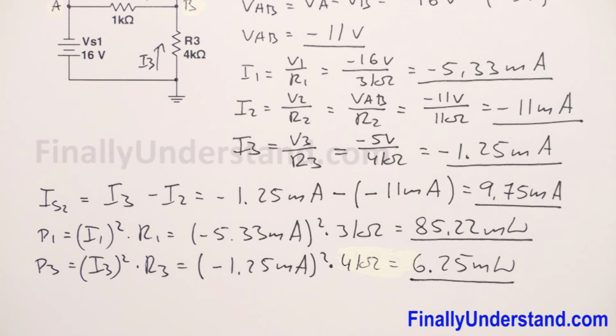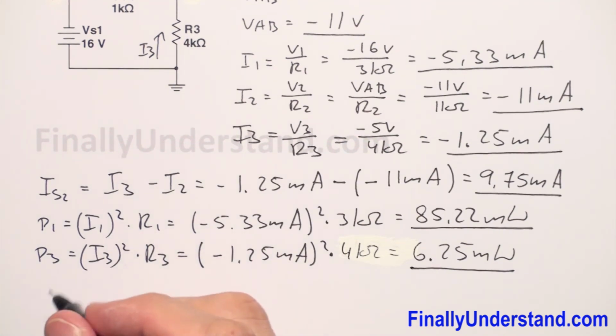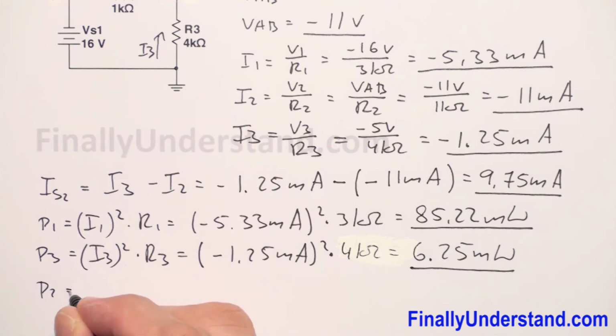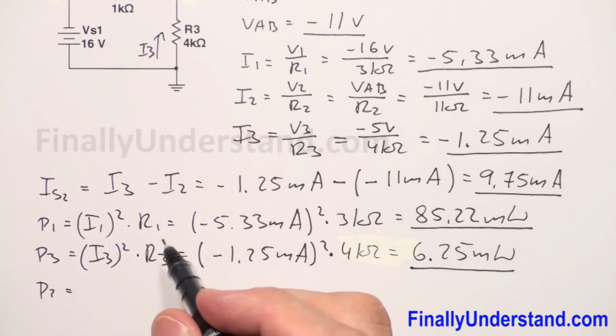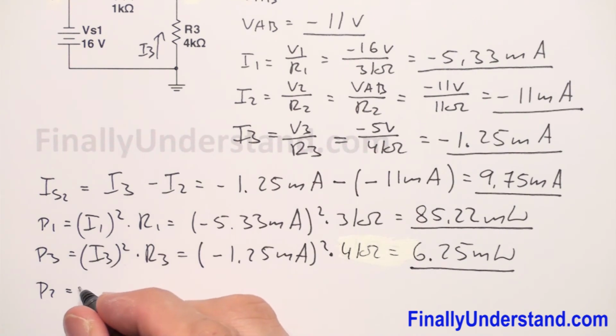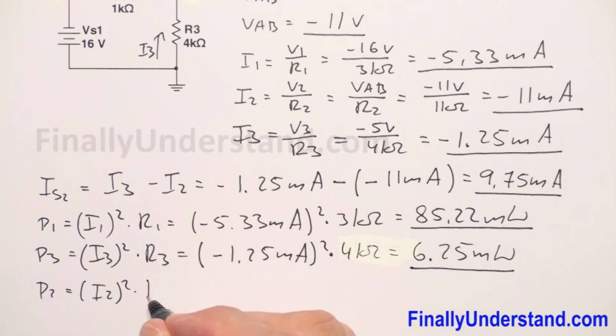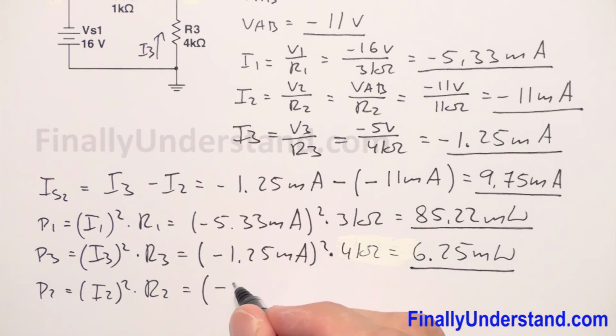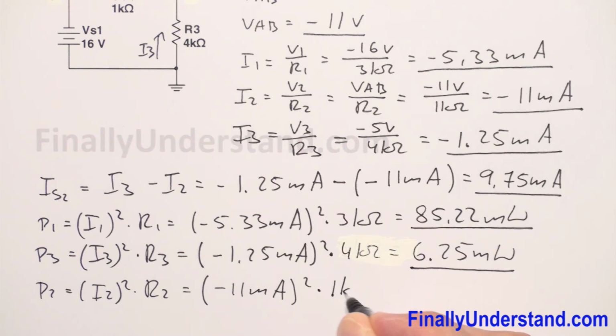In order to find the total power, I also need to find P2. P2 is equal to I2 squared times R2, which is negative 11 milliamps to the second power times R2, which is 1 kilo ohm.